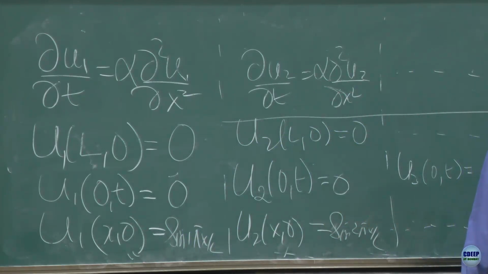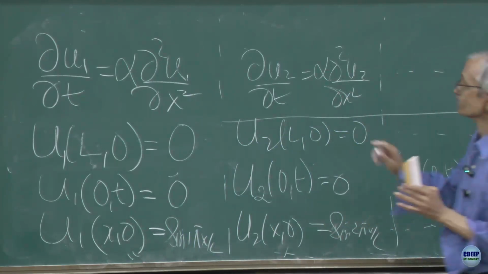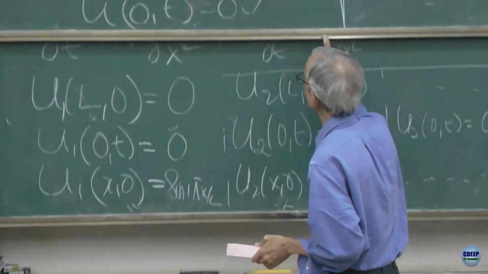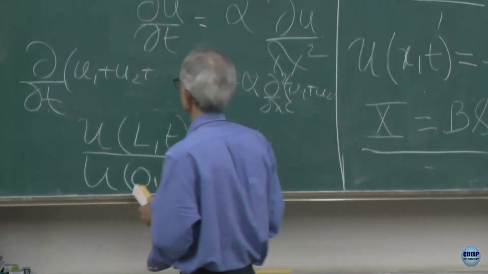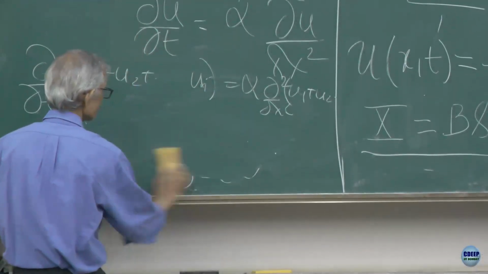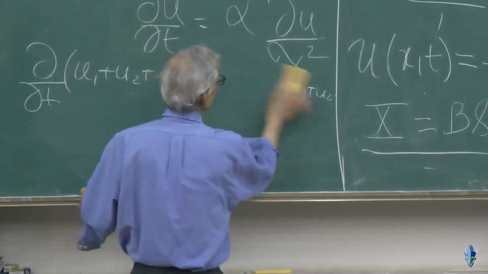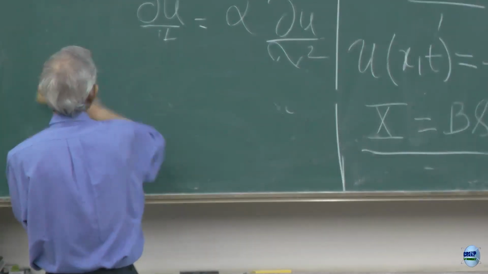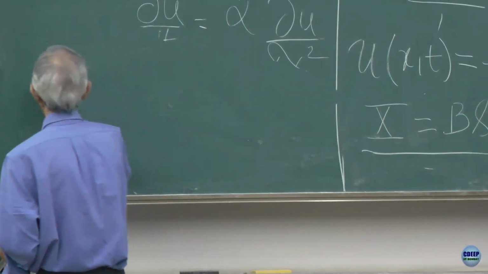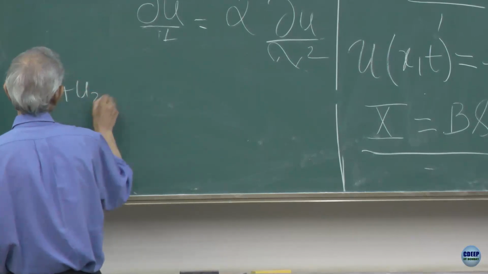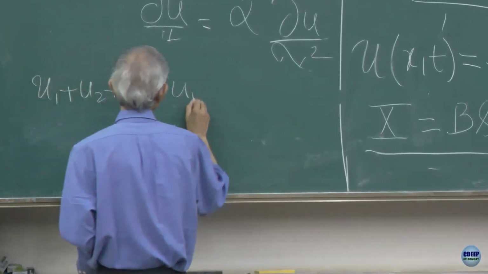Would that be fine? Because what was my u1 plus u2 plus dot dot dot un?